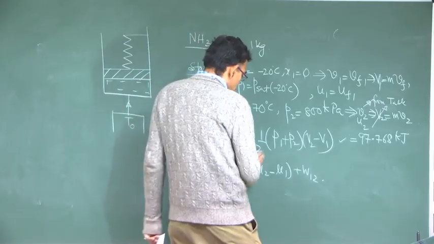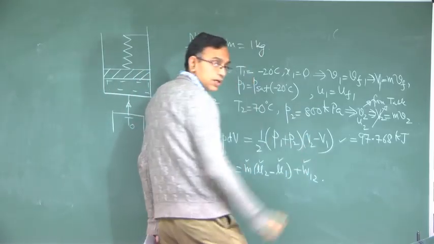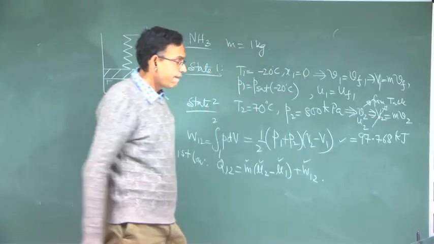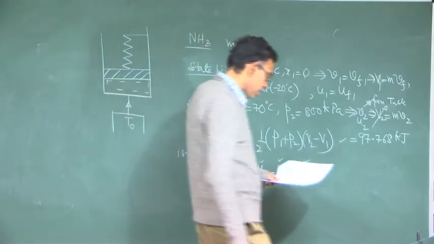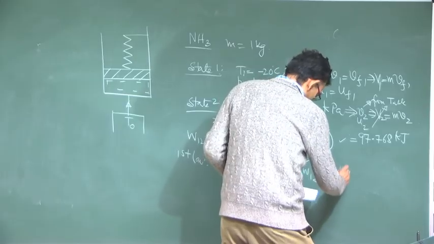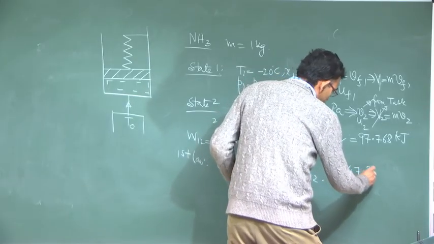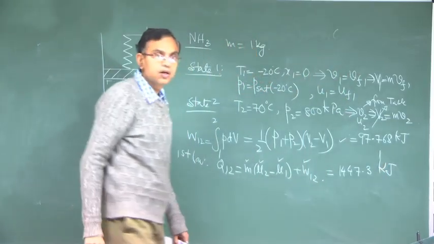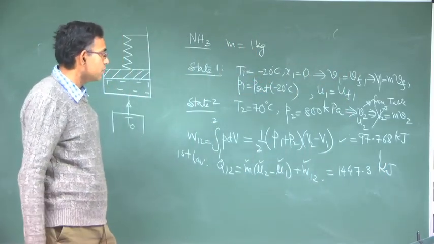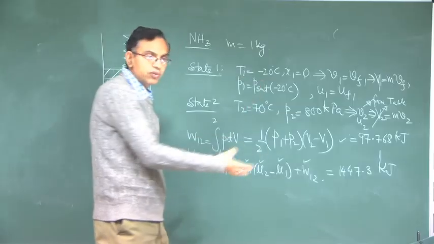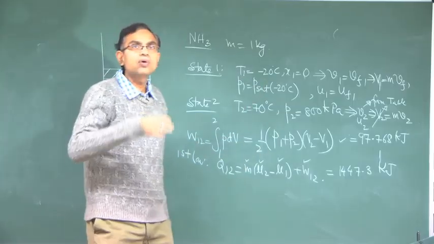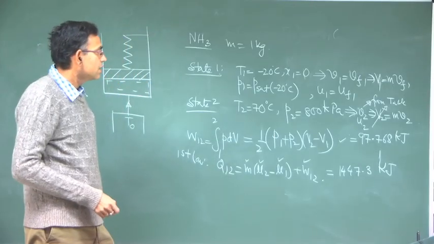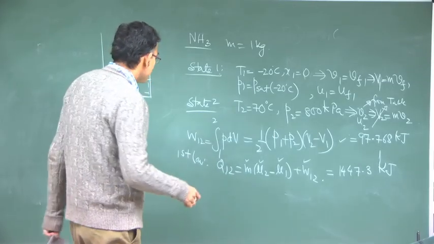M you know, U2 minus U1 you know, W12 you already know, so from here you can find out Q12. Q12 is 1447.3 kilojoule. In most of the cases I am giving you answers of the intermediate steps with a hope that it will help you to check your calculations in between and allow you to have more confidence in problem solving with data taken from thermodynamic tables.